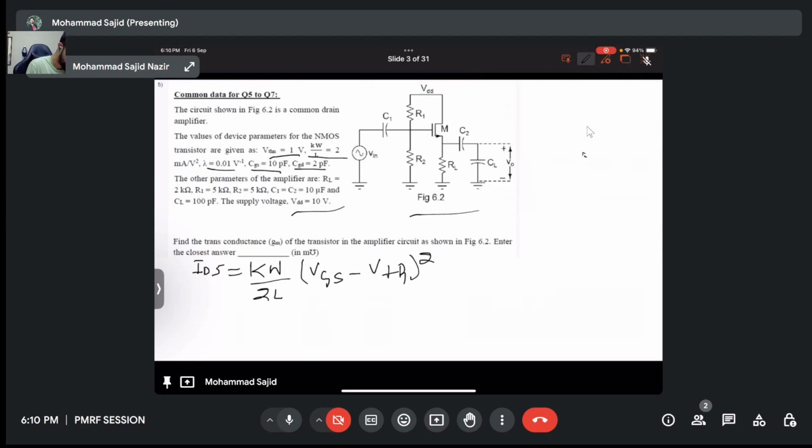And we know the current. This is IDS. So I can write IDS as VS by RL. That means IDS can be written as VS by RL. So why do we need that?